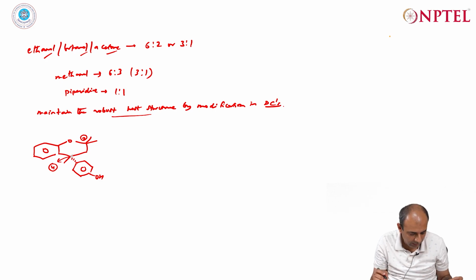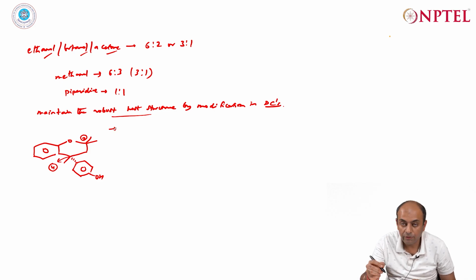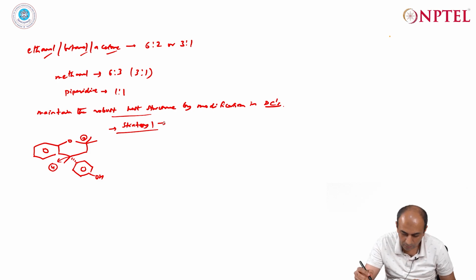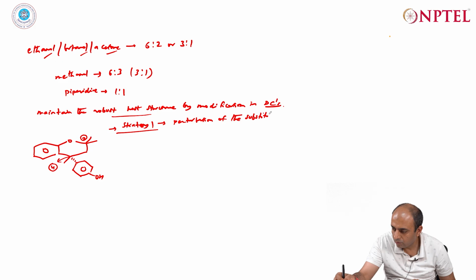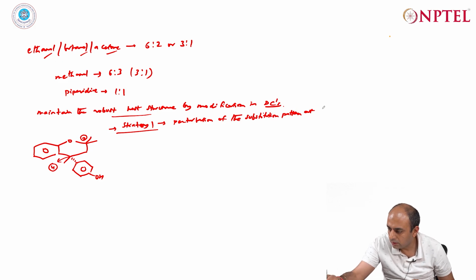So 1, 2, 3 and 4, and we can now do different modifications under different strategies. So strategy 1 is perturbation of the substitution pattern at C2 and C4.